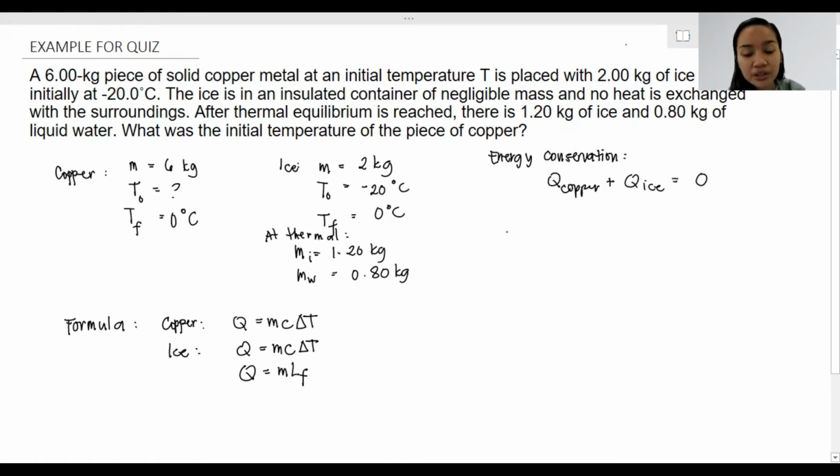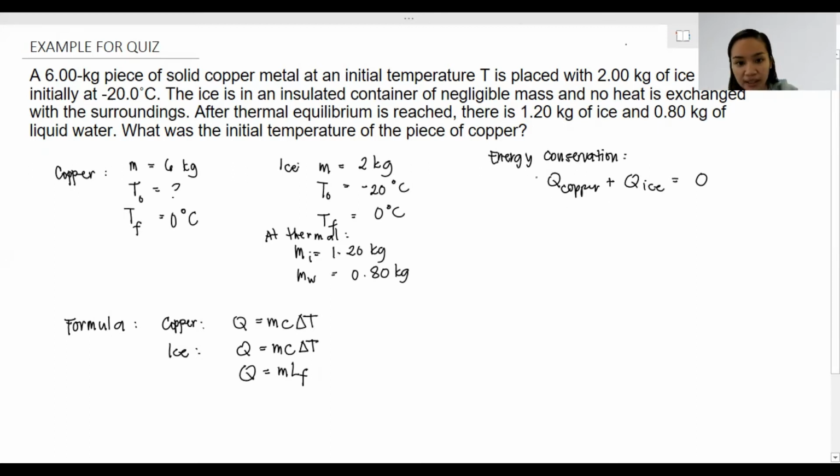So that is energy conservation. There is no exchange of energy with the surroundings. The exchange of heat happens only within the insulated container. So whatever heat was lost by the copper is what the ice gained, or vice versa. That is what we call the energy conservation. So this is the formula.